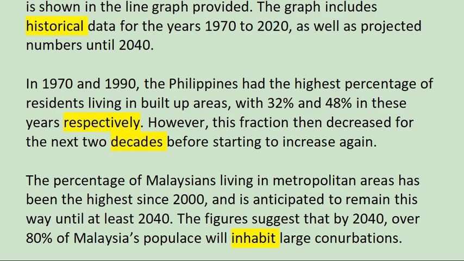The percentage of Malaysians living in metropolitan areas has been the highest since 2000 and is anticipated to remain this way until at least 2040. The figures suggest that by 2040, over 80% of Malaysia's populace will inhabit large conurbations.